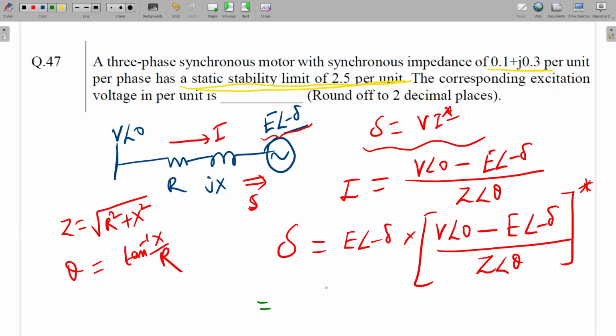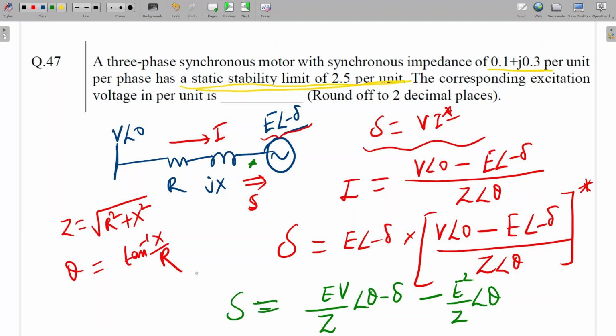So we can write EV by Z angle theta minus delta, minus E square by Z angle theta plus delta minus delta, which is theta. This will be the final equation of the apparent power at this point.